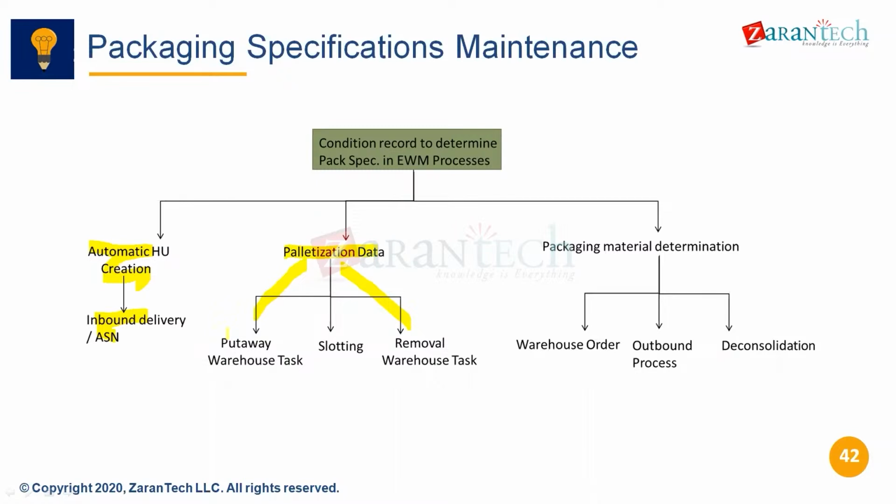Now, when my outbound is created, when delivery is created, and my pick task is created, I don't know which handling unit the picker is going to pick. Why don't I know? Because it's in bulk storage, and whichever handling unit he finds nearby, he's going to pick that one. Whichever pallet is accessible, he's going to pick.